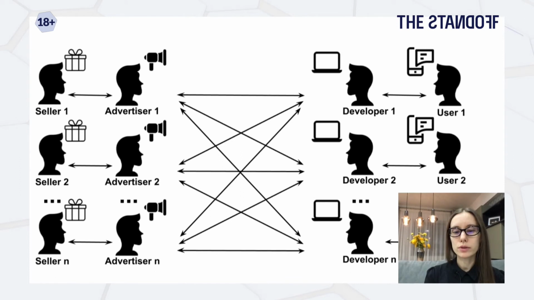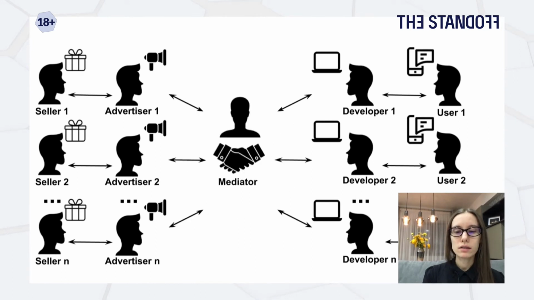Usually, a developer uses multiple advertisers, which means that he has to integrate multiple SDKs in his application. The purpose of a mediator is to simplify the relationships between advertisers and developers by mediating multiple advertisers in a single software development kit. In this way, a developer can integrate a single SDK but use multiple advertisers.